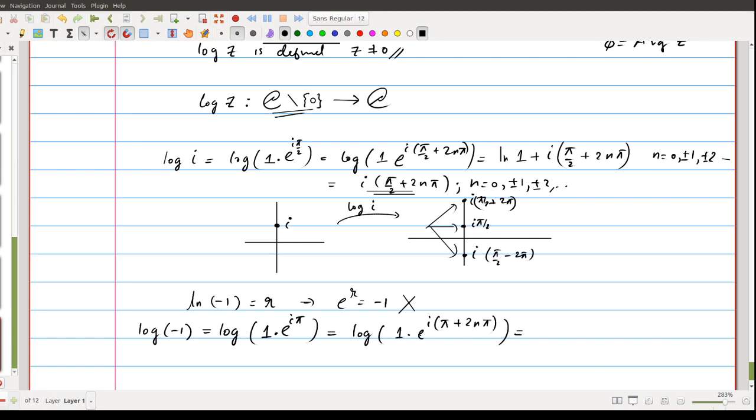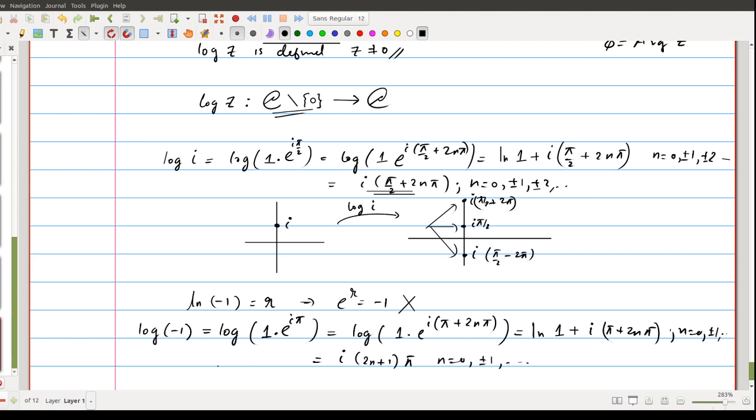Then by applying the formula for complex logarithm, this will be the real logarithm of 1 plus i times (pi plus 2n pi), where n is equal to 0, plus or minus 1, etc. Since log 1 is 0, this will be i times (2n plus 1) pi, where n is equal to 0, plus or minus 1, etc.